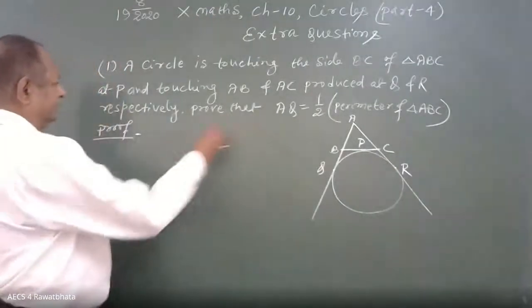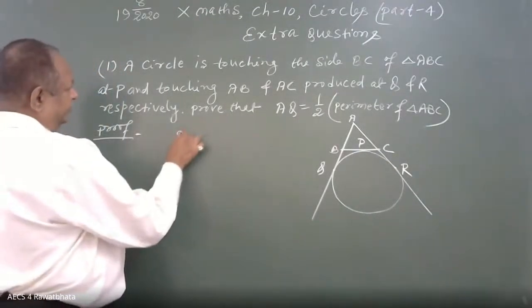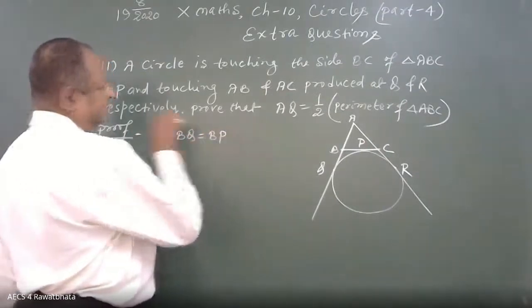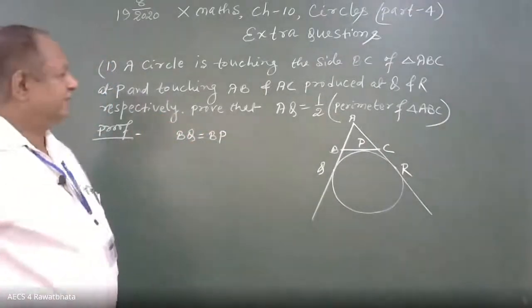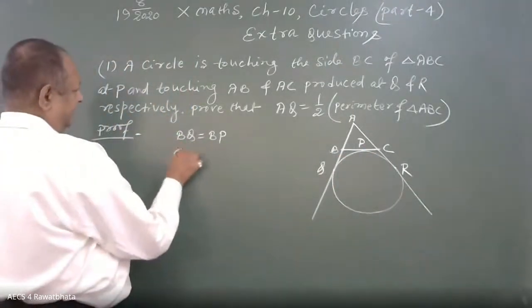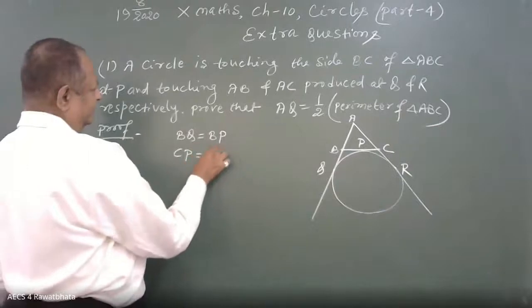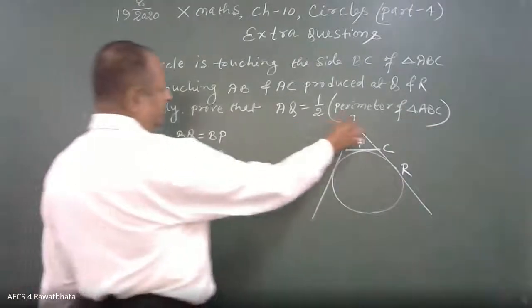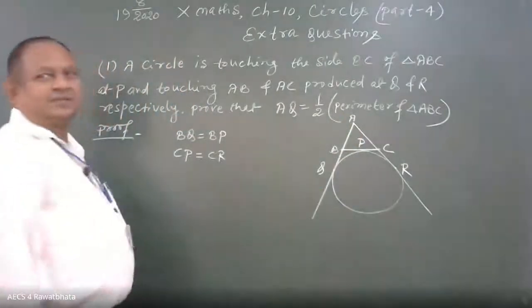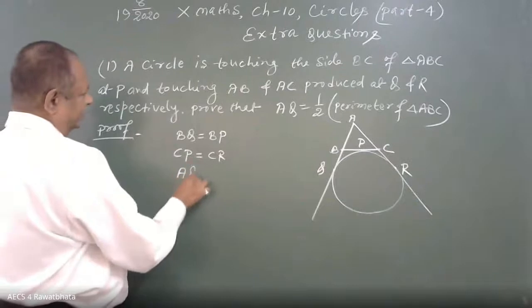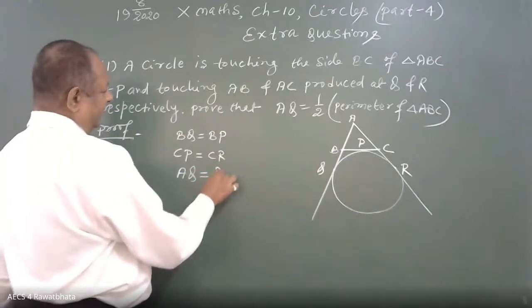So we have BQ is equal to BP, right? CP is equal to CR, and A is also outside the circle, so the tangent AQ is equal to AR.